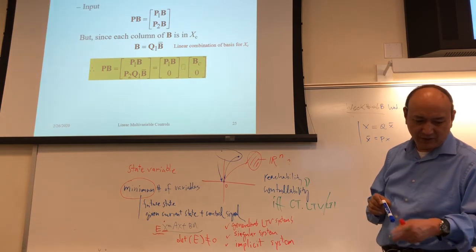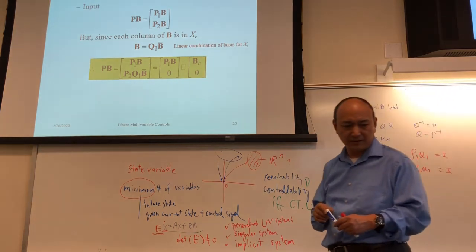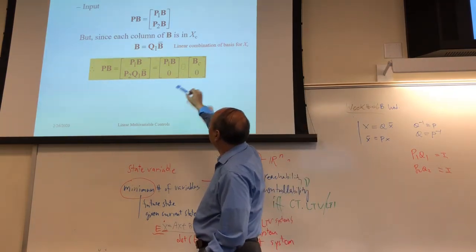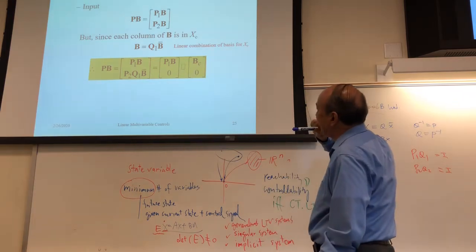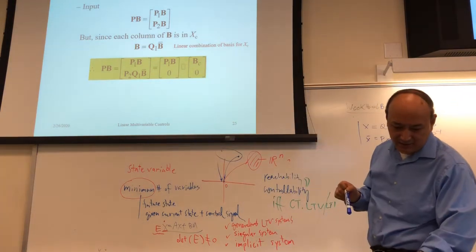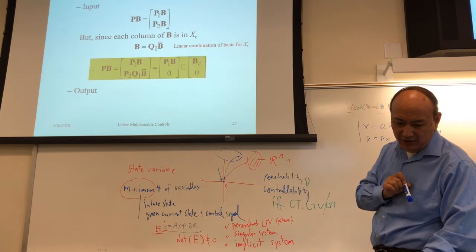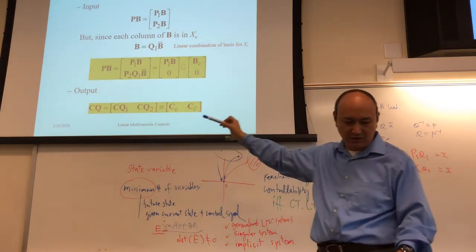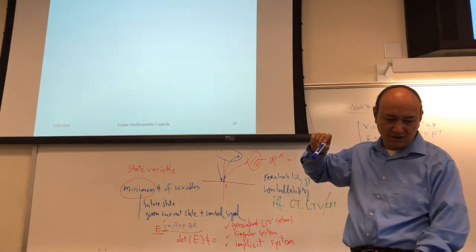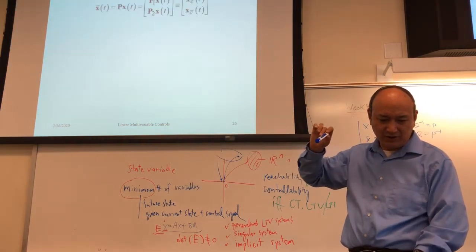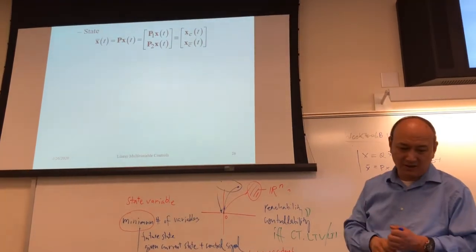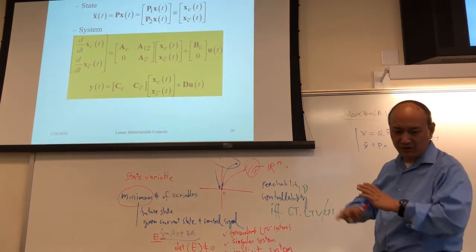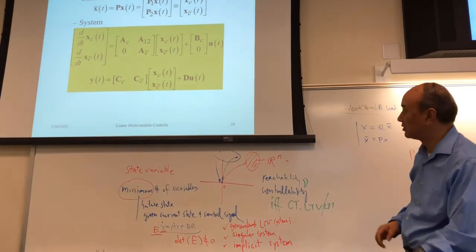Because you have P2 Q1 B bar. So we know this is 0. You want to have BC there. So this is the input. But for output, you cannot say much because both of these will be staying here. C and CC bar are the same. So the state partition is XC and XC bar. And the overall system is upper triangular form.